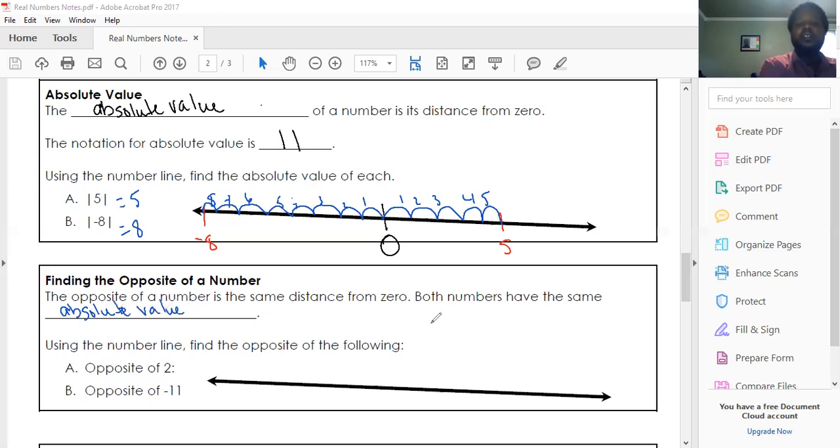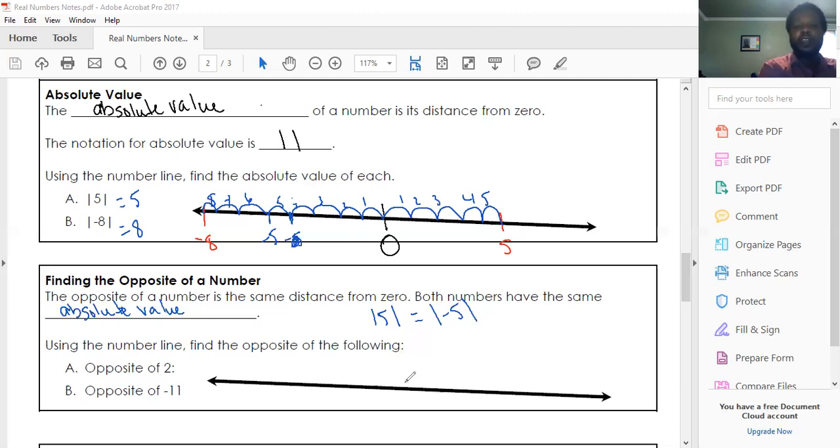Okay, so to understand that, I would say that the absolute value of 5 is equal to the absolute value of -5, right? Because to get to -5, which would be about here on this chart, oh, nope, sorry, I didn't count right. Here on this chart, it's 1, 2, 3, 4, 5 spaces, just like it's 1, 2, 3, 4, 5 spaces to 5. So they have the same value.